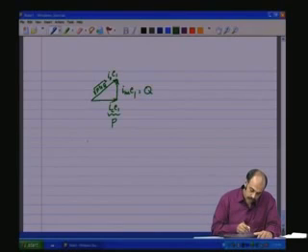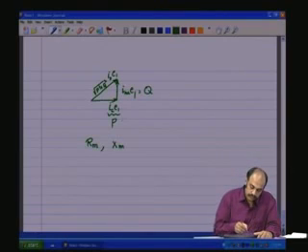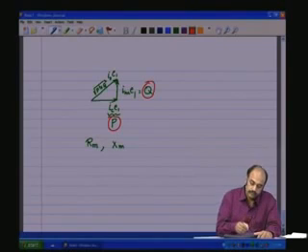So, RC and XM can be found out from this and this.